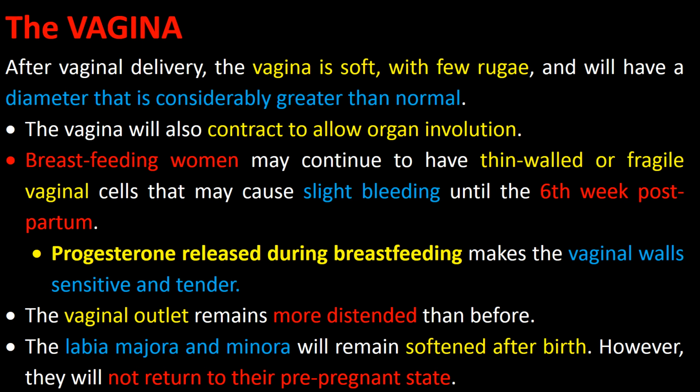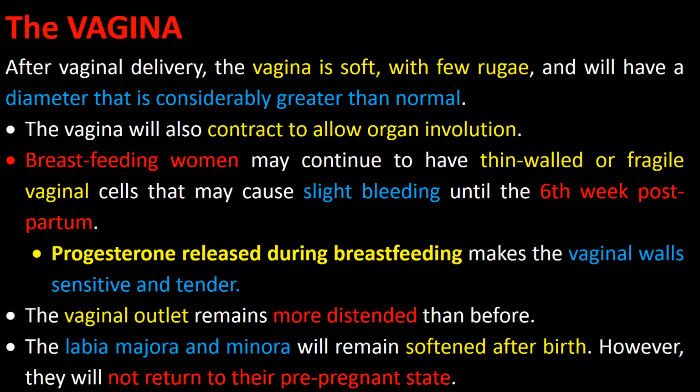Remember that breastfeeding women may continue to have thin-walled or fragile vaginal cells that may cause slight bleeding up until the 6th week of postpartum. Bakit? Because of the presence of oxytocin. Your oxytocin will also create thin-walled or fragile vaginal cells.